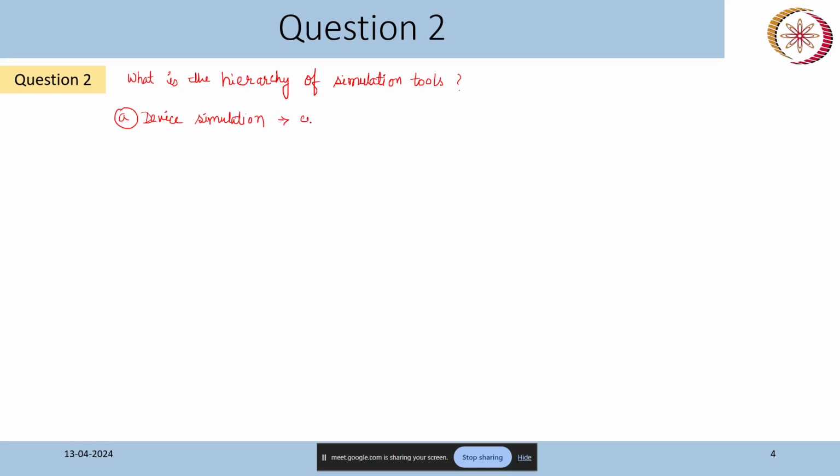Next is circuit simulation. Then process simulation.